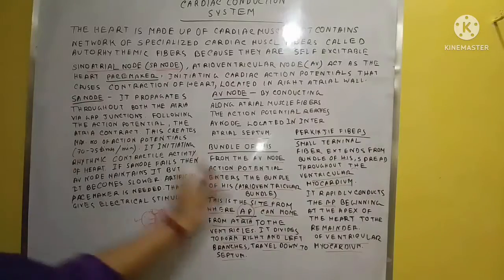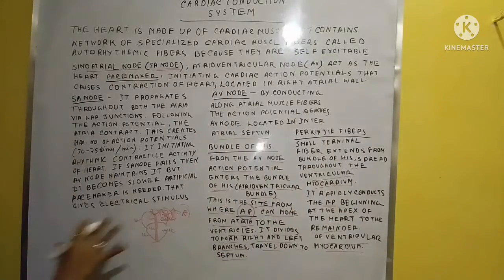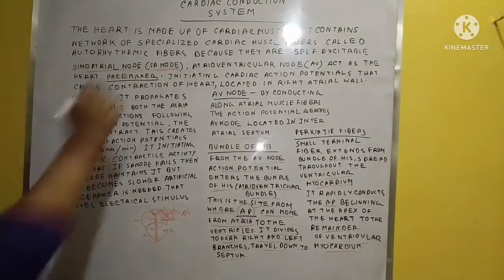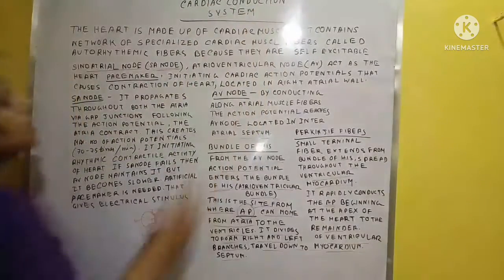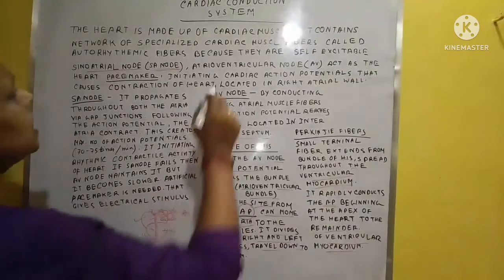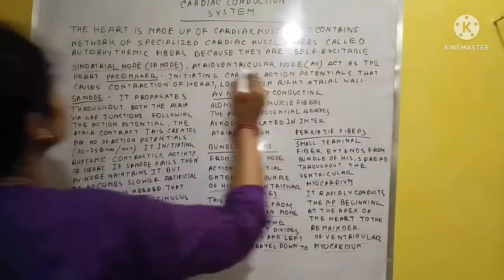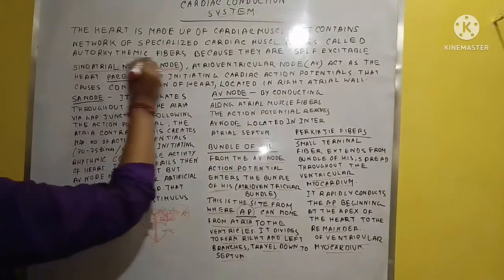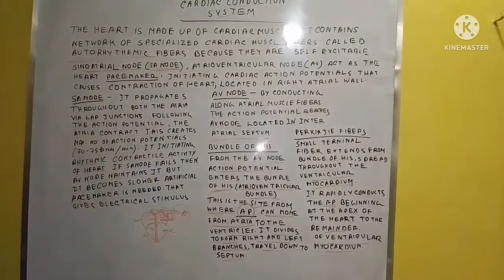So these are the four fibers that are very important for the cardiac conduction system, and you obviously know what the cardiac conduction system is. And here one thing is that the cardiac muscle fibers are called the autorhythmic fibers. Why?